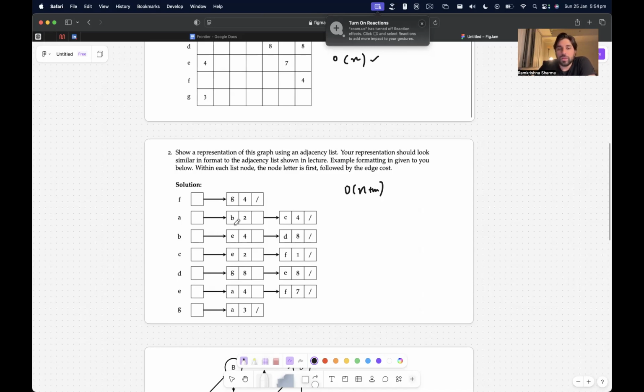Removals are a little bit more complicated. The time complexity is what it would be for removing an item in a linked list, which you would imagine for a particular neighbor, in the worst case you'd have to look for the neighbor that you're trying to delete.